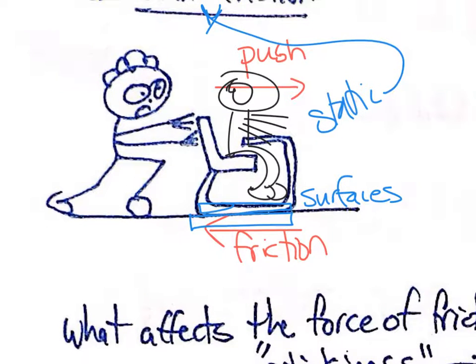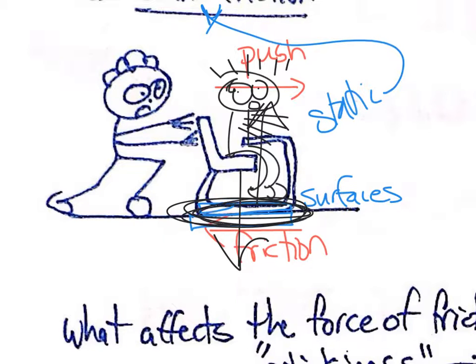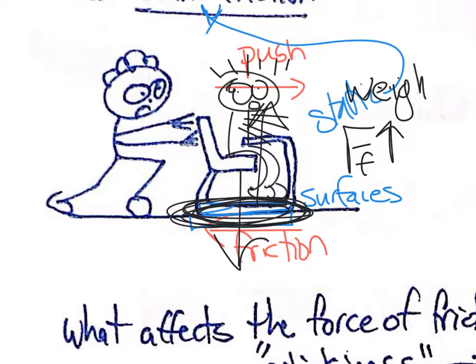Because he definitely can't move the desk, because with the kid sitting in it, there's even more downward force, and thus normal force. So the force pushing the two surfaces together is greater, and the force of friction would increase with more weight. I'm trying to write weight, but the app's lagging.